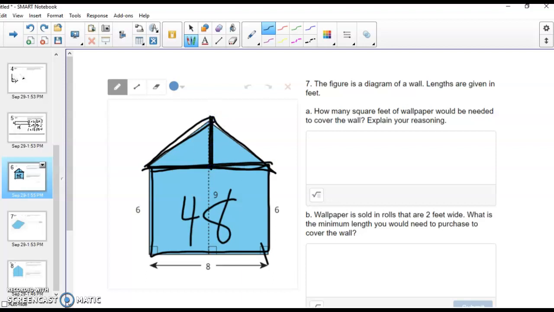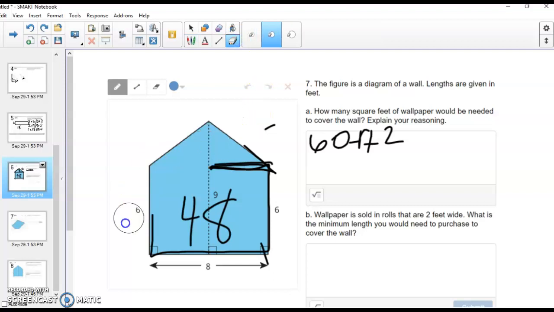Okay, and 8 times 3 is 24, and divide that by 2, which means the whole triangle would have an area of 12, and 48 plus 12 is 60 square units, or let's see, that's feet squared. Okay, so that would be 60.